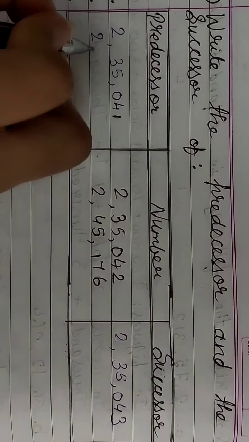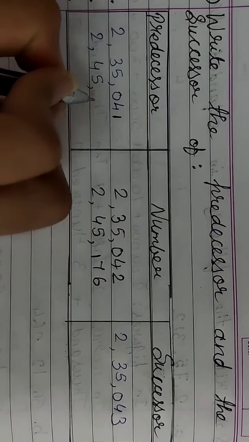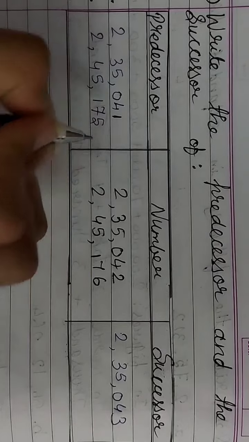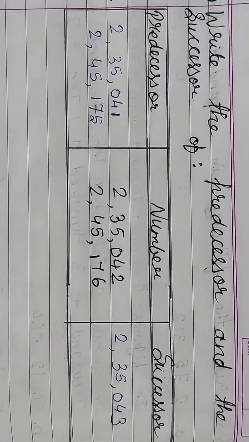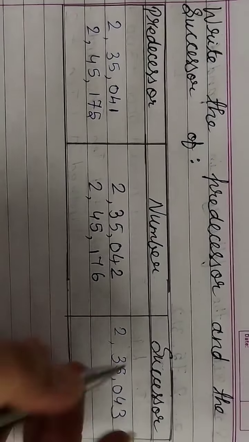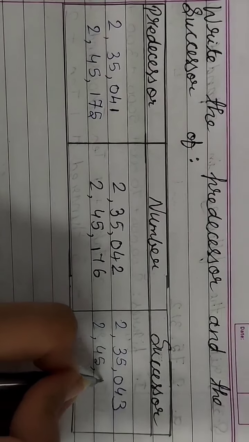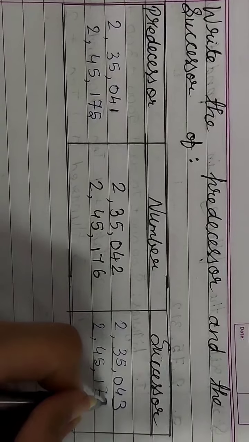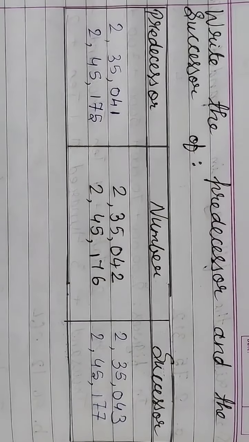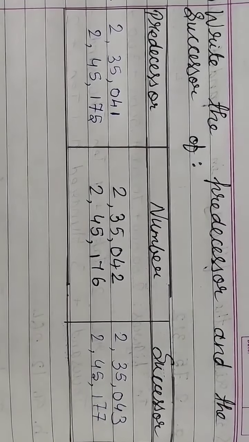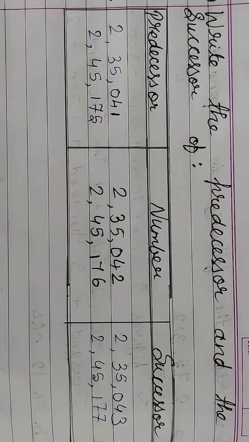That is 2,45,175. And what is the successor? Yes, very good. 2,45,177. Students, question number C, you try by your own. Okay, so that is your homework.